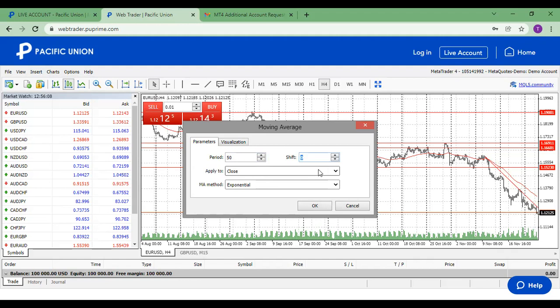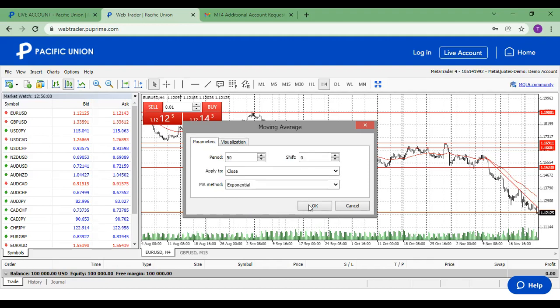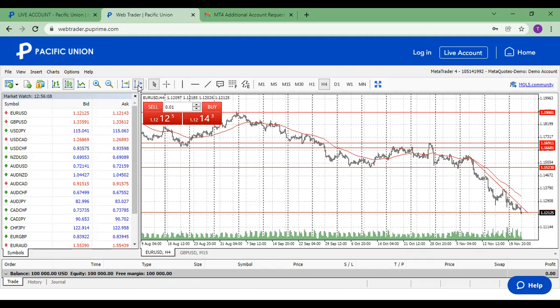It's actually something done arithmetically. By the time you click OK, you could click on visualization, and if you want it to only show in 1 minute or 2 minutes, you could do that in the settings here. And when you click OK, it's automatically applied to your chart.